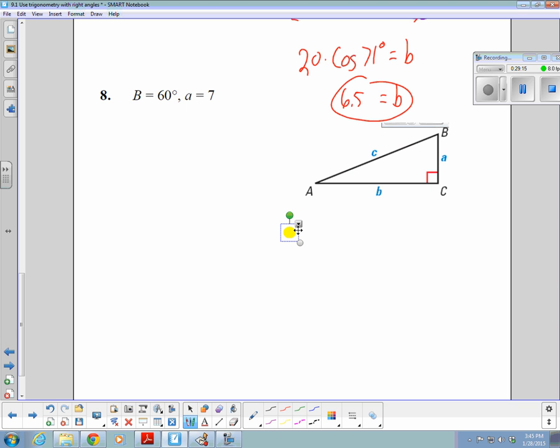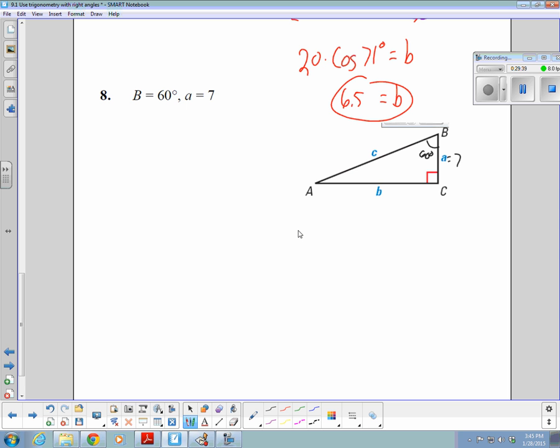No big deal. So angle B right here is 60 degrees. Now, side A is 7, so that equals 7. And that's all we're given. So we can find the last angle. How do we find the last angle? Good answer.